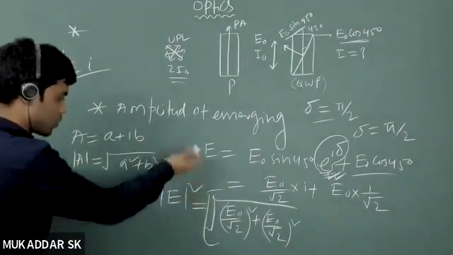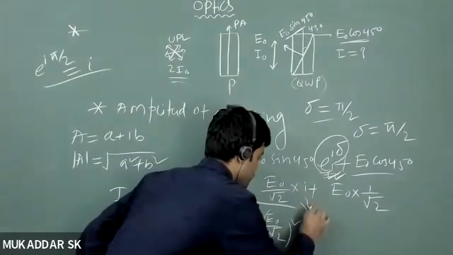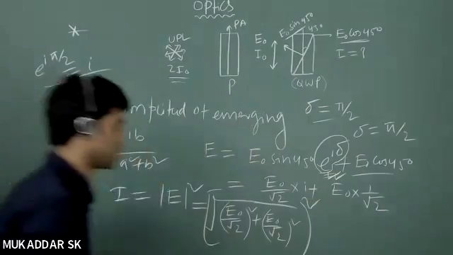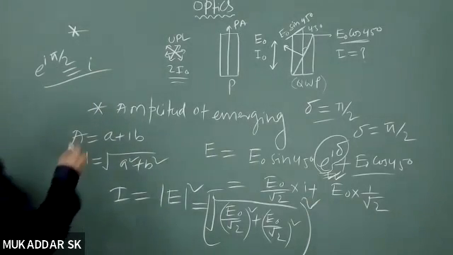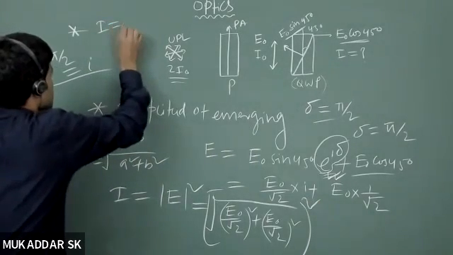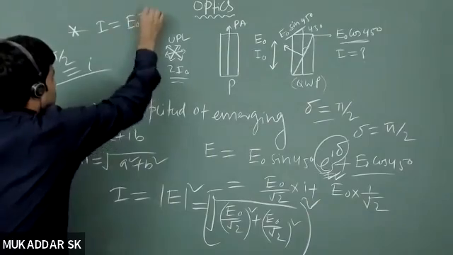And you have mod square, so you have to take the square also. If you do this, you will get I equals simply E naught squared.